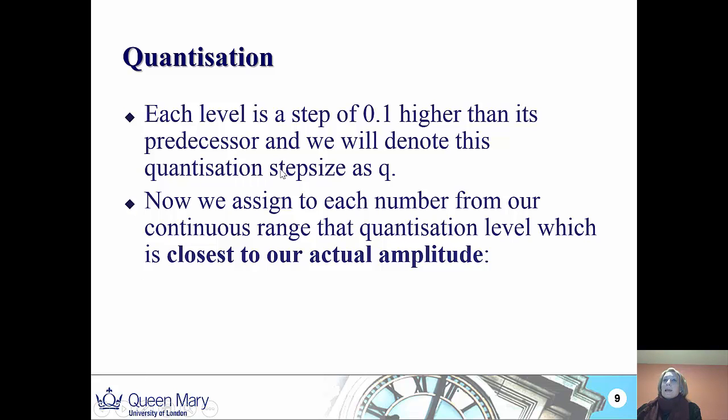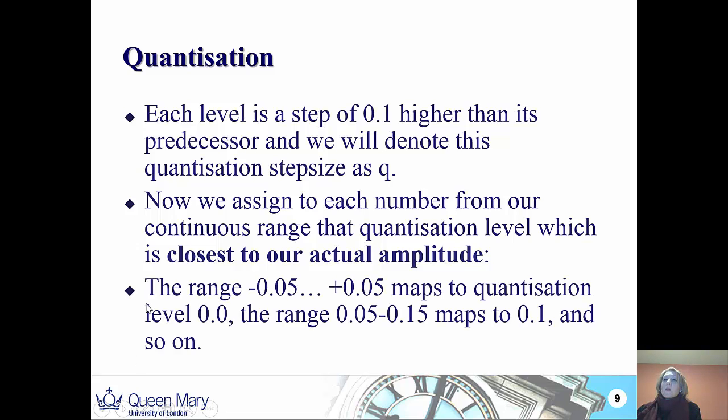We assign each number from our continuous range to the quantization level which is closest to our actual amplitude. So we're not necessarily representing the actual value which was recorded. We may be introducing some error here by using this approximation.